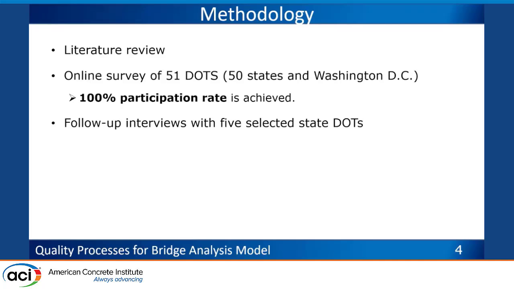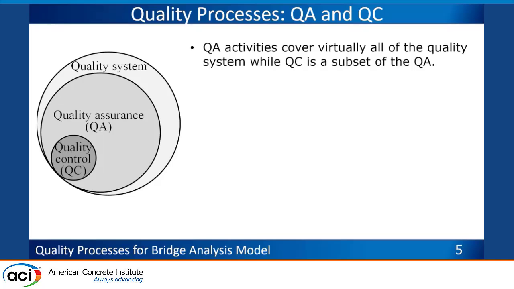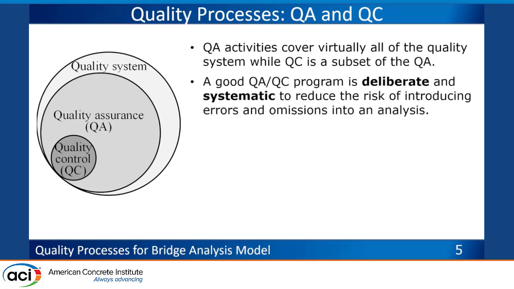So if you look at the big picture, we need to have a quality system, and quality control is a really small aspect of it, right? Quality assurance involves quality control. The system should be deliberate and systematic to work.